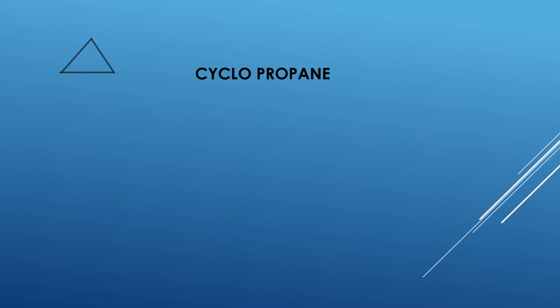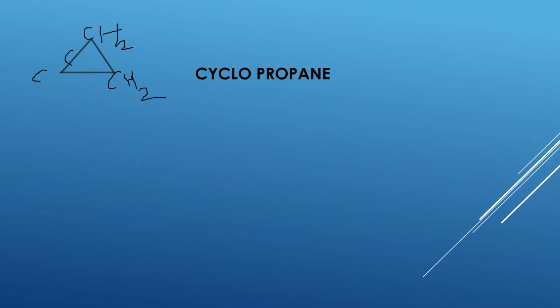How did this propane name come here? Here, unsubstituted intersection will be written as CH2. It is understood as CH2. So at the corners we are understanding this as CH2, no?